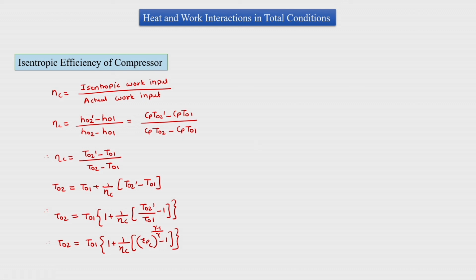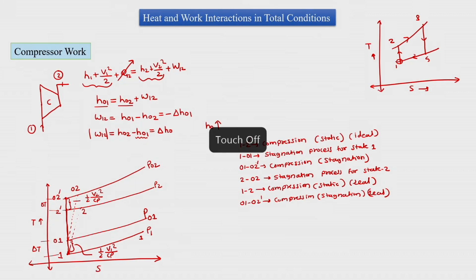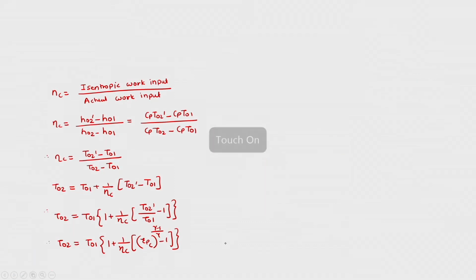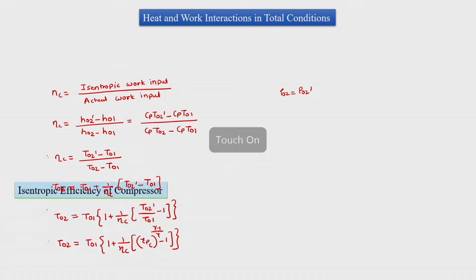We should also note here that we are considering that there is no loss in total pressure if we come from 0-1 to 0-2 or from 2 dash to 0-2 dash. So practically we are considering P naught 2 is equal to P naught 2 dash. So these are the two assumptions which we are making.